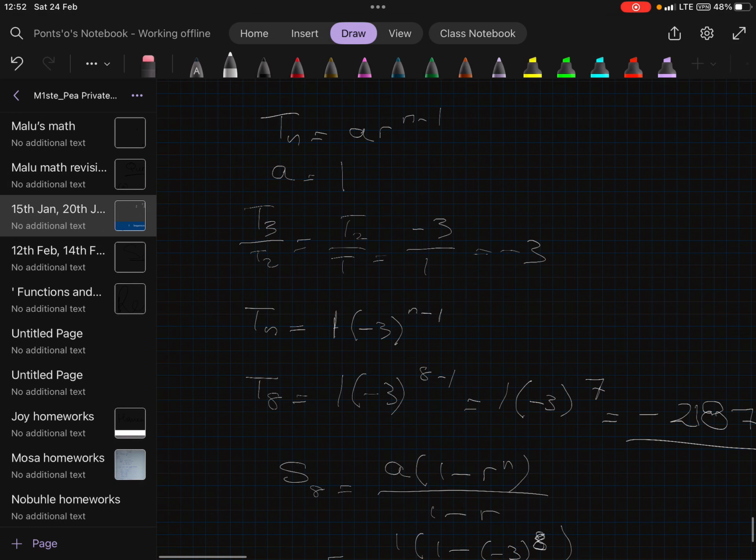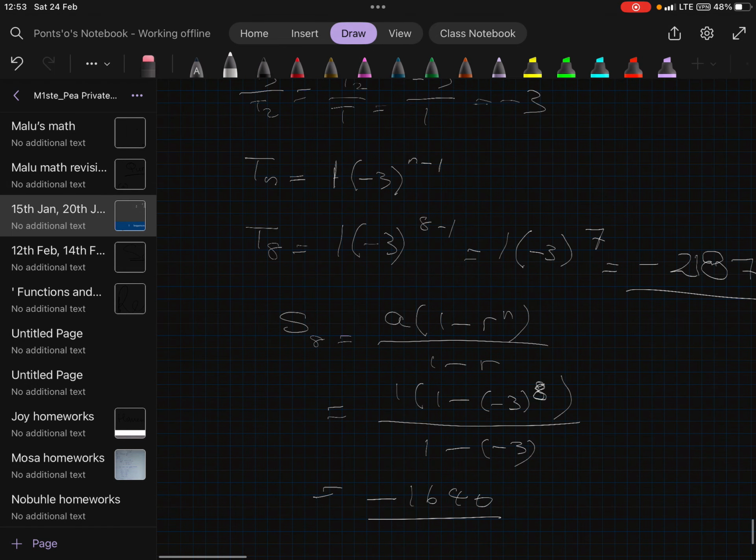T3 is 9, and T2 is negative 3. If we take 9 and we divide it by negative 3, how much do we get? Negative 3, right? So that's our constant ratio.